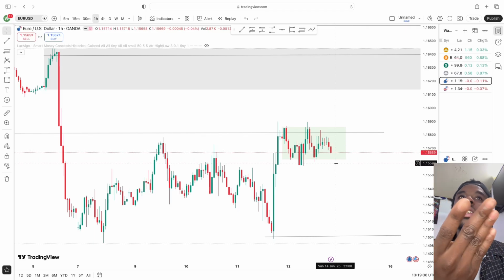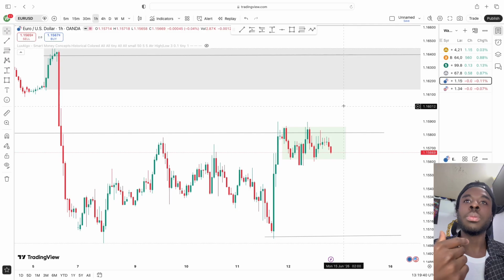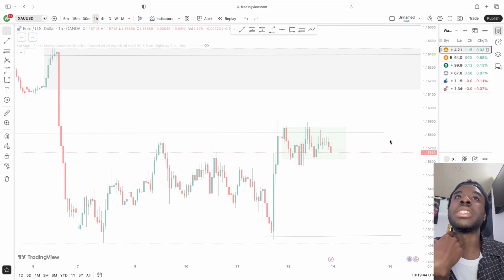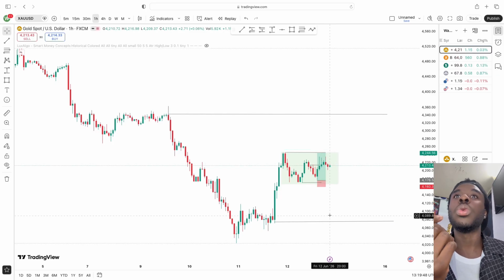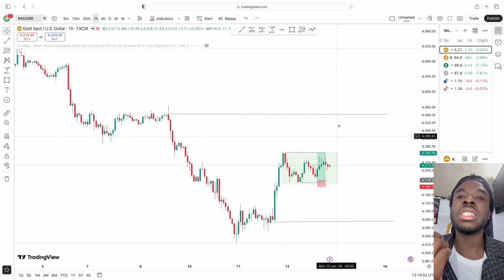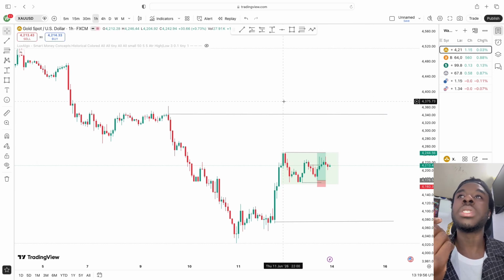So now this is Euro USD. We are expecting either a break to the downside to retest this demand zone, or a break to the upside to retest this supply zone. Same thing is happening on gold. Now we are expecting gold to either break to the downside to retest this demand zone for any buy movement, or to the upside to retest this supply zone and continue pushing lower.